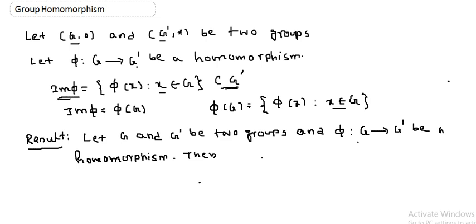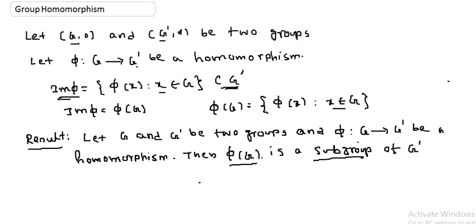The result says that this is not only a subset but a subgroup. Then the image of G, which is phi of G, is a subgroup of the group G dash. So the image of G is not only a subset of G dash but a subgroup. That's the very important thing.